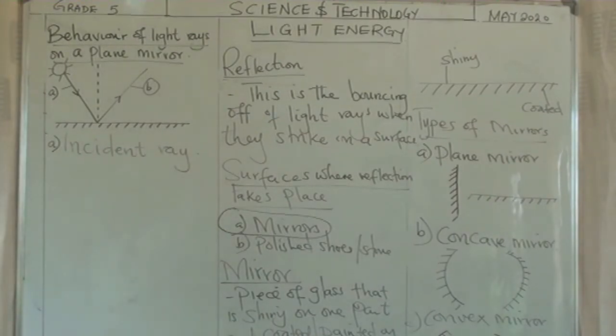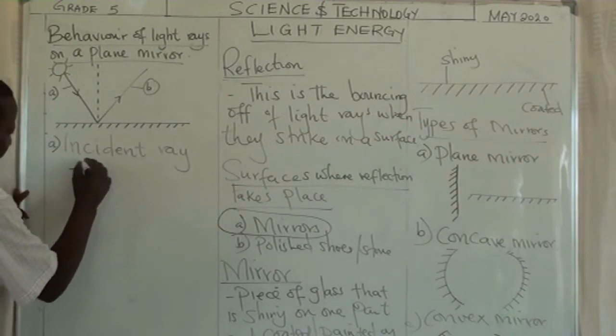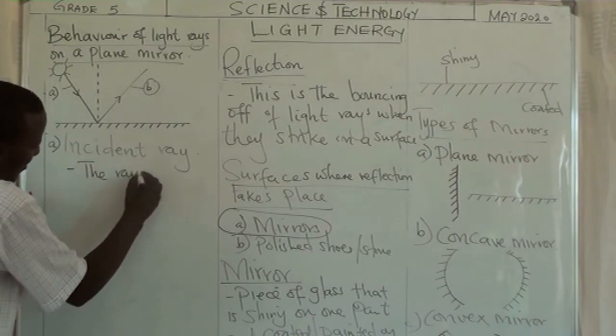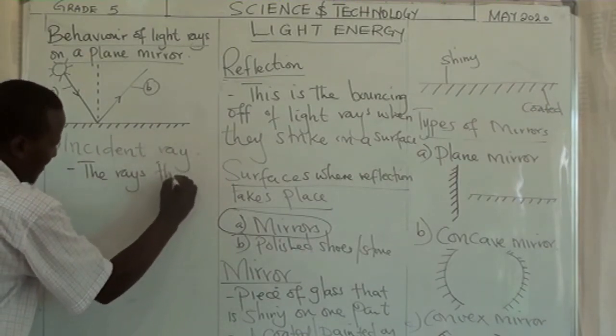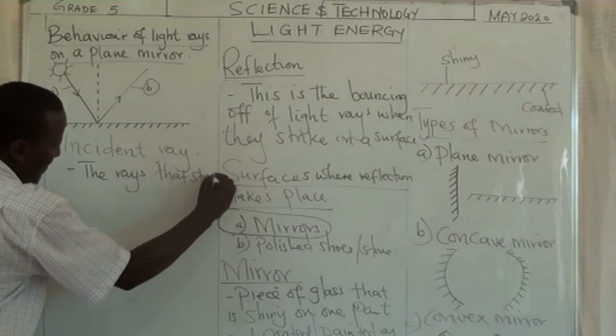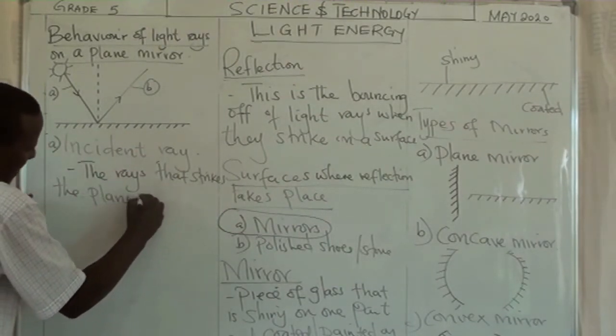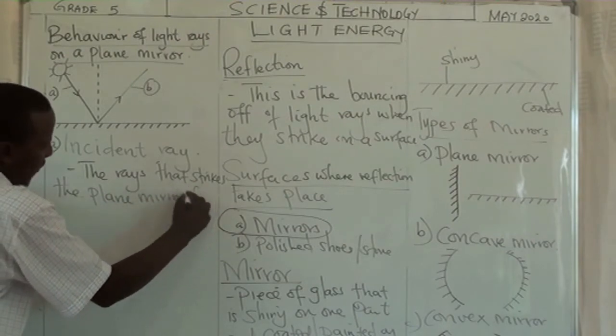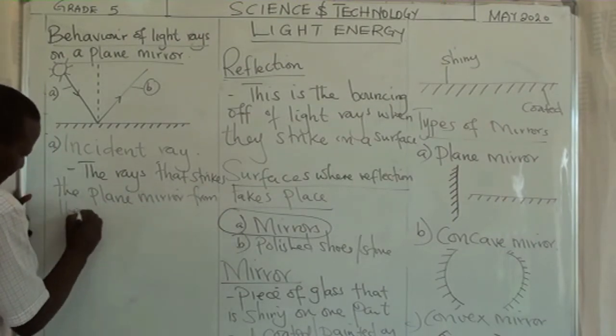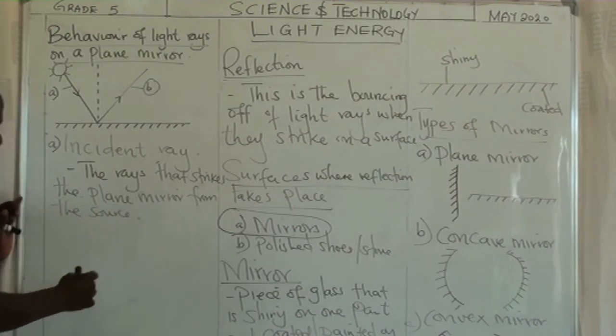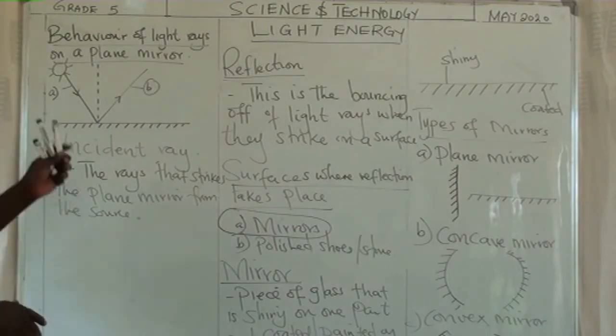The ray that strikes the plane mirror from the source. This is the ray that strikes on a plane mirror from the source.